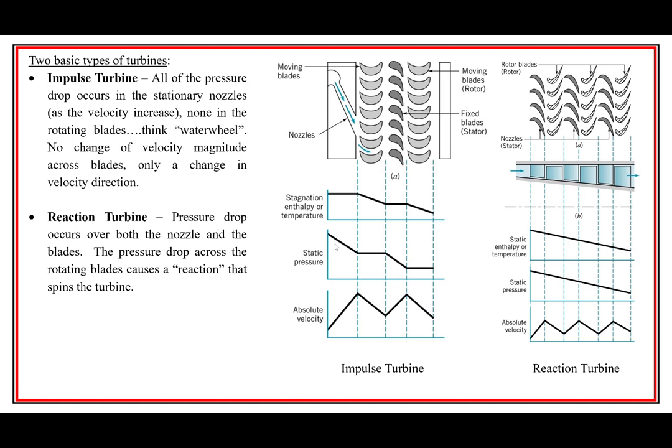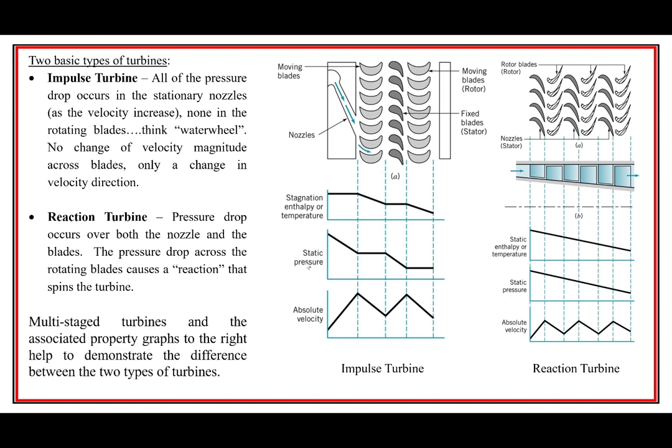So there's no pressure drop across the blades in an impulse turbine, but there is a pressure drop across the blades in a reaction turbine. And so this is a way to look at them.